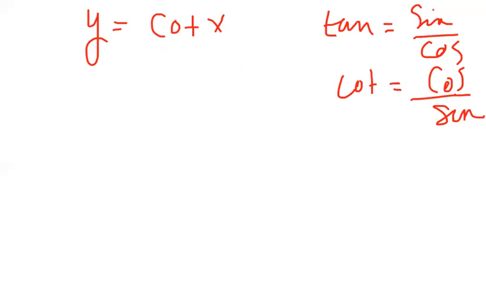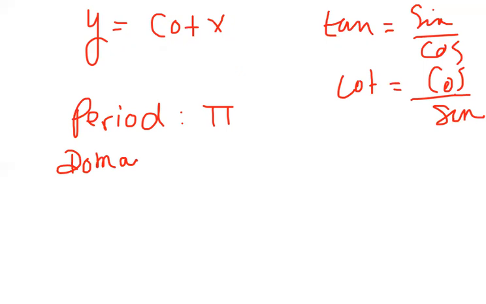So here are some characteristics of the cotangent. The period, it cycles every pi unit. So it's repeating every pi unit. The same graph is repeating over and over again, every pi unit. Now, the domain of this function includes all reals. Here is the big difference, guys.